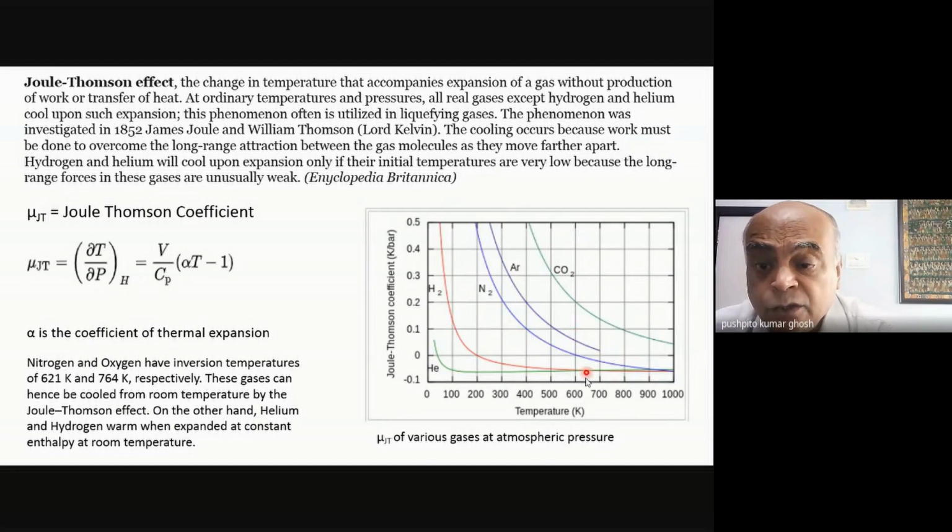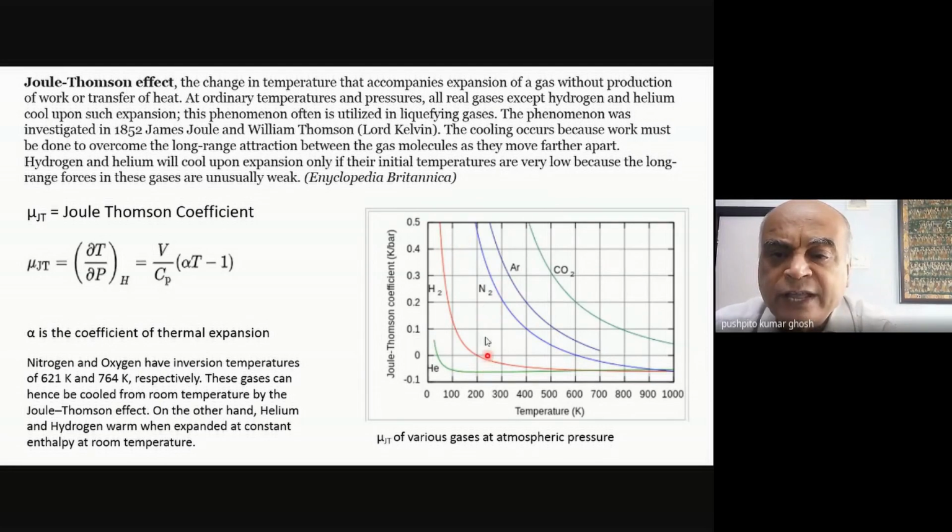So even if you have got a temperature of around 600 Kelvin, the Joule-Thomson coefficient is positive for these. And as you go lower and lower, the value of the Joule-Thomson coefficient becomes higher and higher. In other words, you'll get more bang for your buck. That even a small change in pressure can lead to a large change in temperature, especially at the lower temperatures.